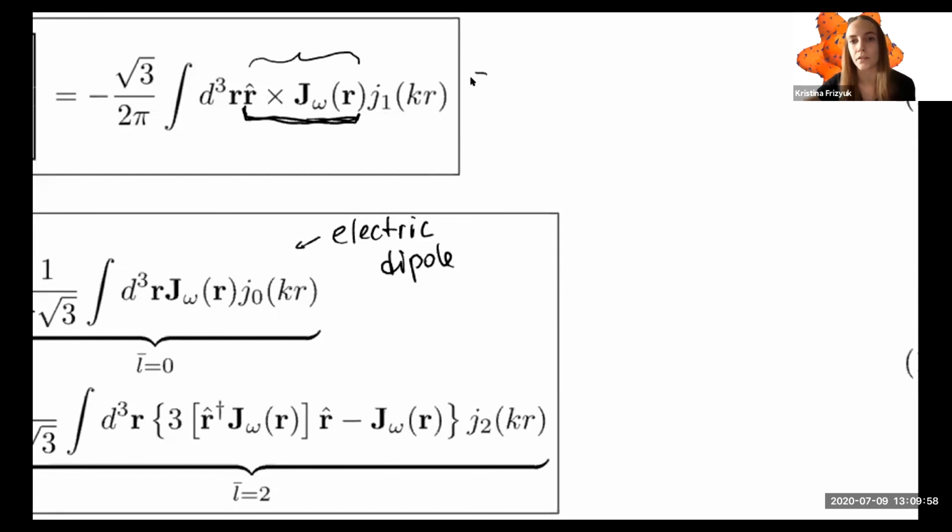So under the integral, we have, for example, some vector function, let us call it f, and it depends on, for example, spherical coordinates. And because this is a vector, we have three components. So under the integral, we have something like this.